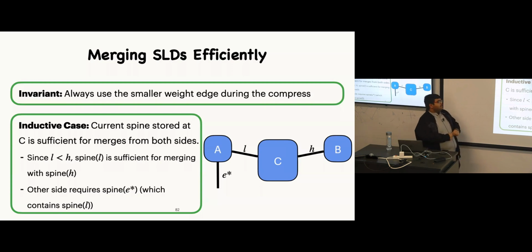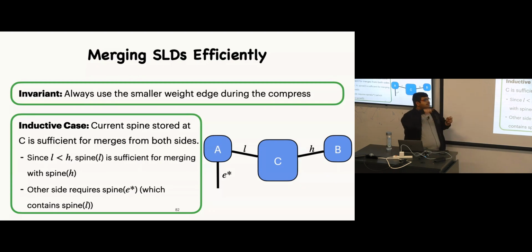So in the inductive case, let's say we so far have a spine. We are storing a single spine corresponding to cluster C, which contains the required spine for the merges on the left and right. And now let's say we are merging along this edge L, right?